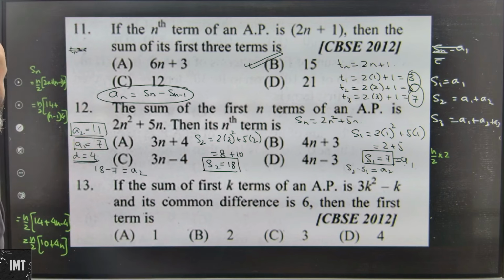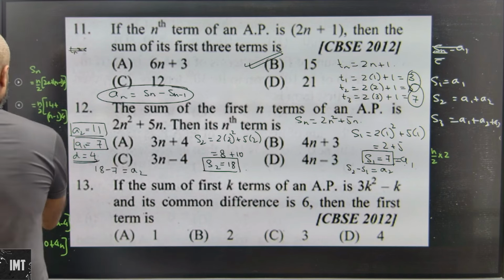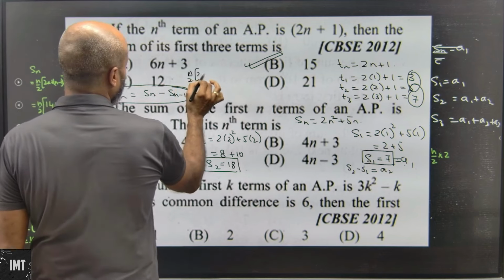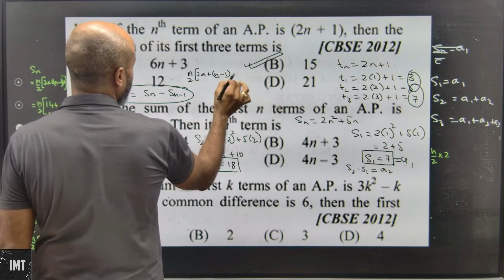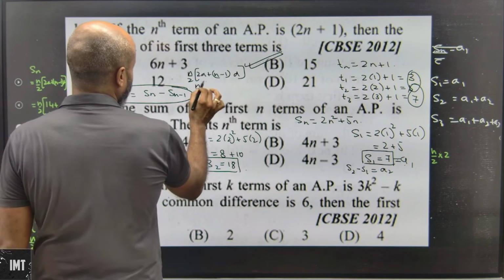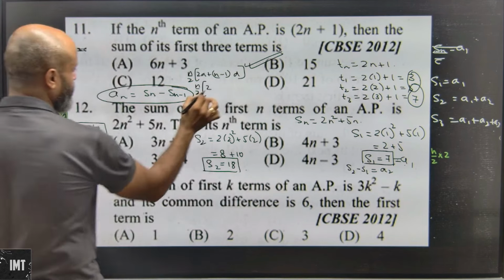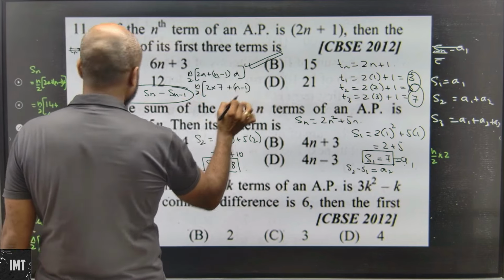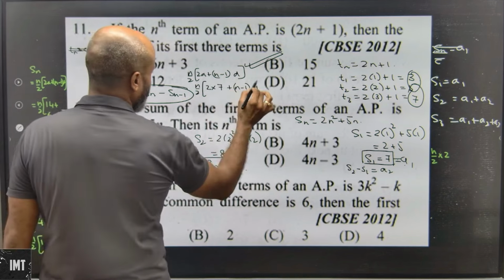So the sum of the first n terms of the AP will be how much? n by 2 into 2a plus n minus 1 into d, as calculated. Here a has a value of 7. This will be 2 into 7 plus n minus 1 into d, which has a value of 4.